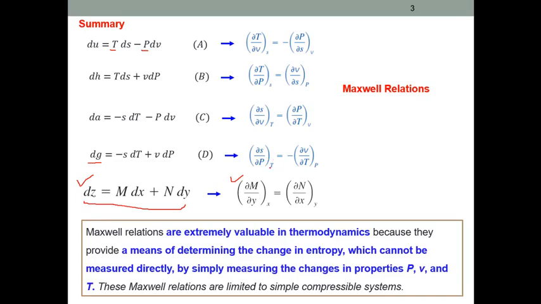Similarly, we have the constant temperature process and the constant pressure process. So you can see the Maxwell relations can provide you a fundamental base for deriving many other relationships, because they give you a wide range of processes, from isentropic, constant volume, constant pressure and constant temperature, right?